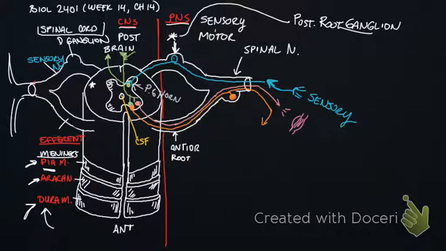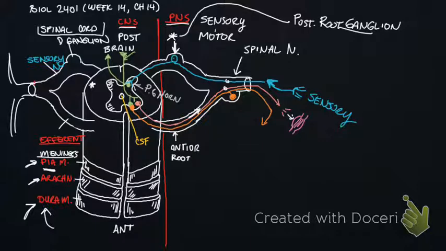And through this anterior root, it takes the message in this direction and then comes out through the spinal nerve. You see how both sensory and somatic motor neurons pass, or axons pass through the spinal nerve to our skeletal muscle there.